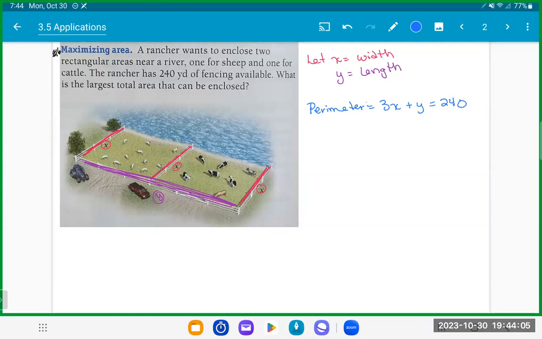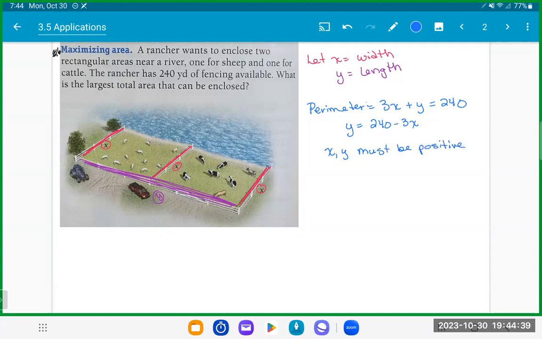Remember how we did the last one? Let's write this in terms of one variable. I could say that y equals 240 minus 3x. All I've done here is rearrange that equation. Something else is that x and y must be positive.